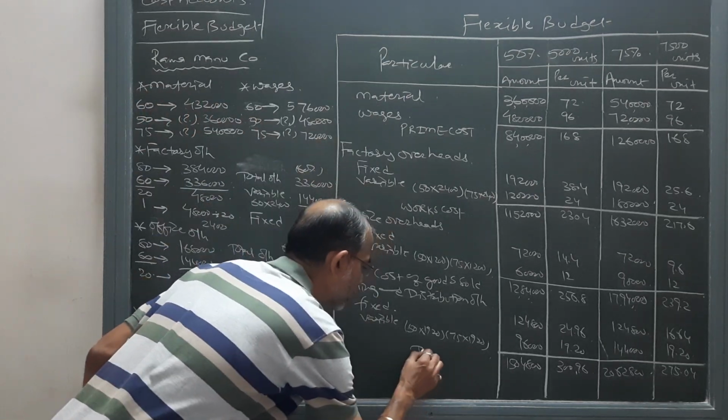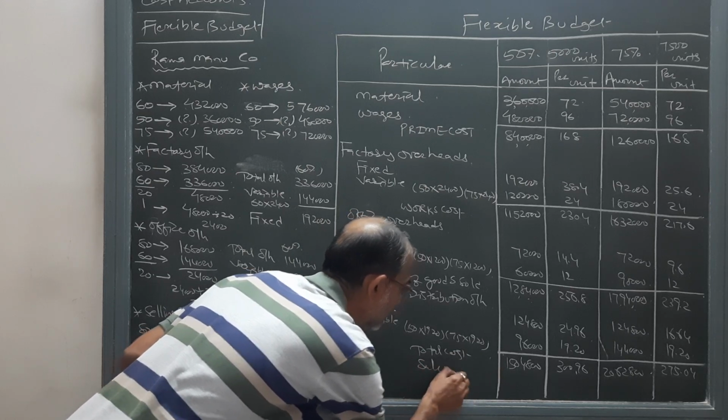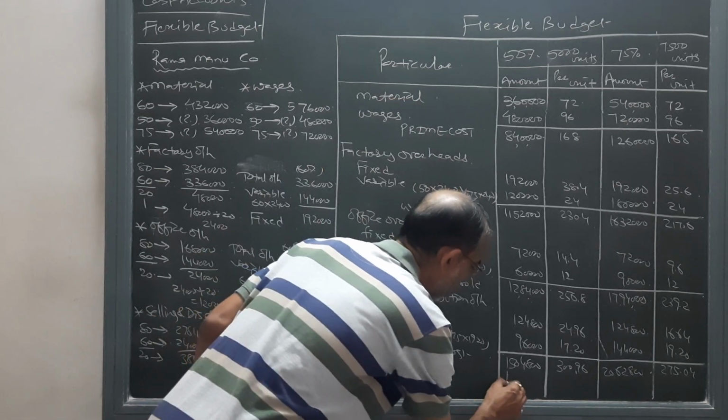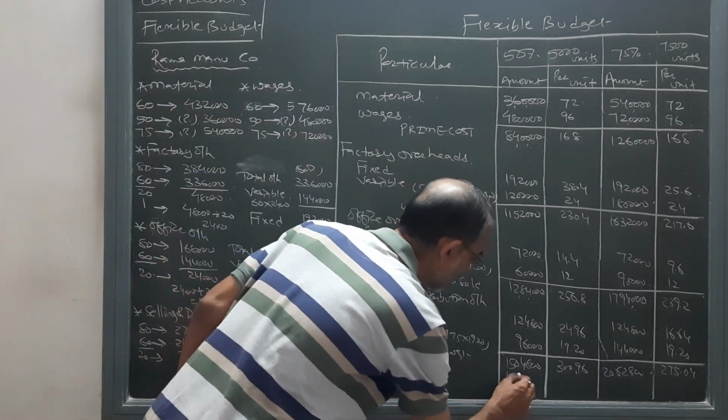Now sale was given. This is total cost. Sales is given 15,36,000.